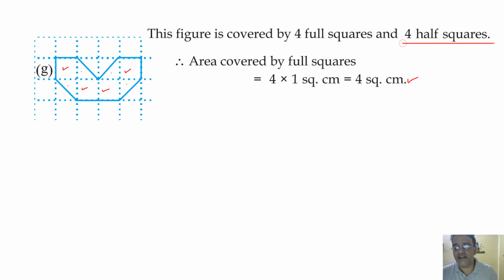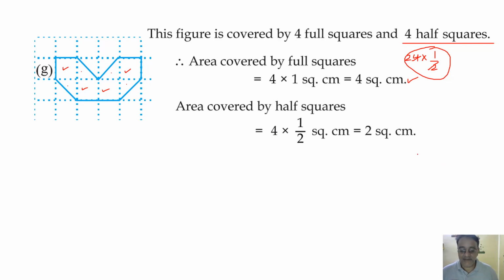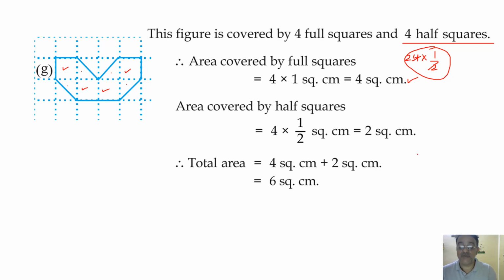And 4 half means how many square centimeter? 4 into half. देखो, यहाँ पे 4 हम लोग 2 से cancel कर सकते हैं. So we are getting 2, right? And the total area will be 4 plus 2, 6 square centimeter.